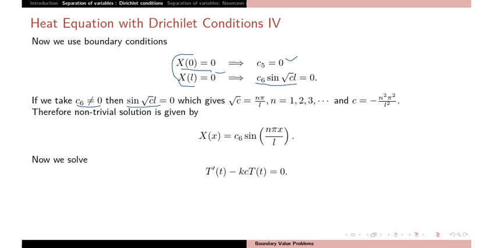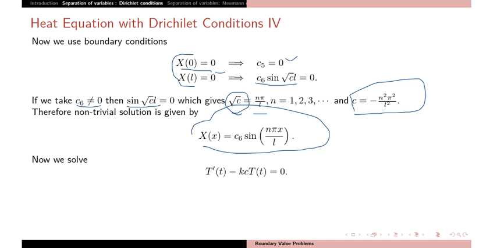So root c will be n pi by L, and this is negative, so I am writing c equal to minus n square pi square by L square, same as in the wave equation. So the solution is this. Also you can write X_n if you want, replacing c with n: sin(n pi x by L).